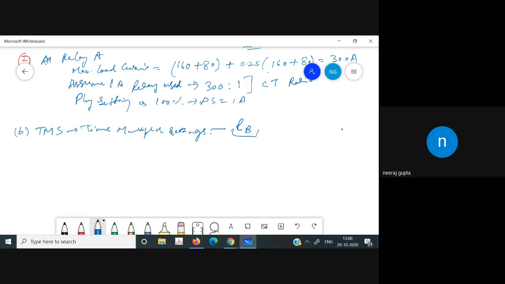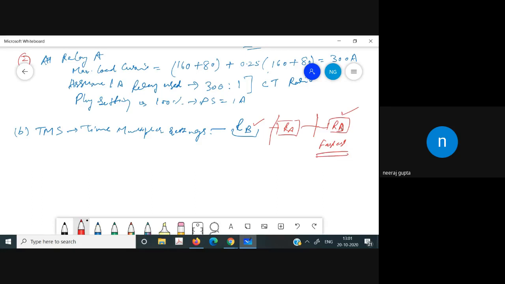So we start with relay RB. As we have discussed previously, relay RB doesn't have selectivity issues because it doesn't have to coordinate with any other relay, and it can be made to operate fastest.